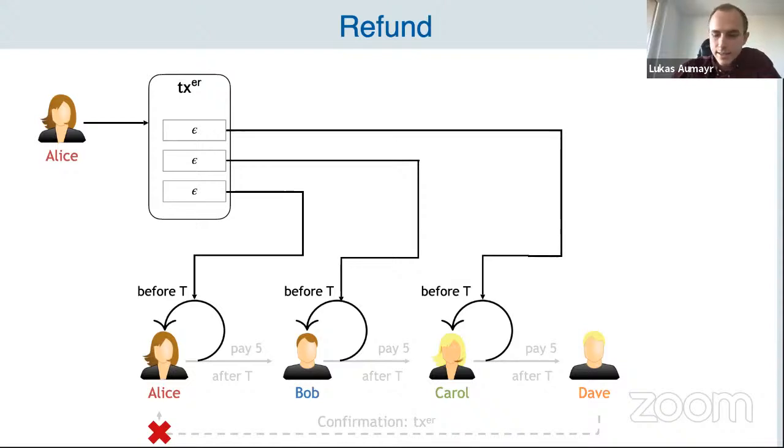In this case, Alice will post the transaction TXER in time before the timeout T expires, and everyone on the path sees this at the same time and can react and refund themselves. Right, so note that this payment scheme takes only one round of communication.